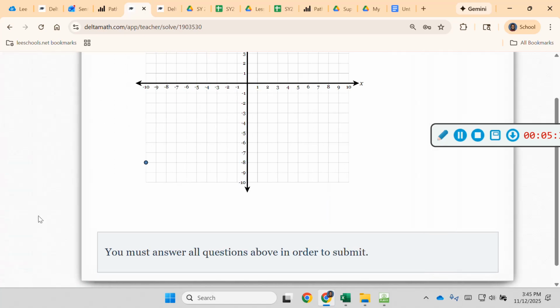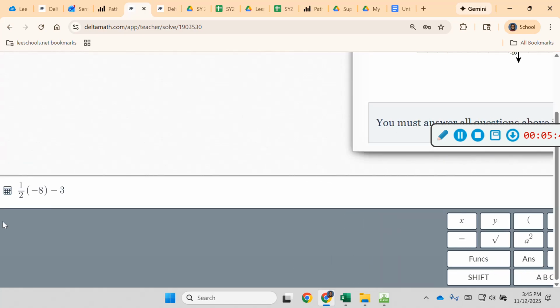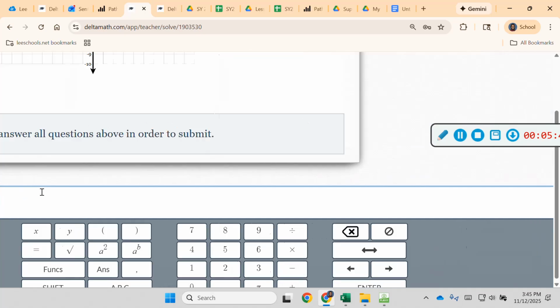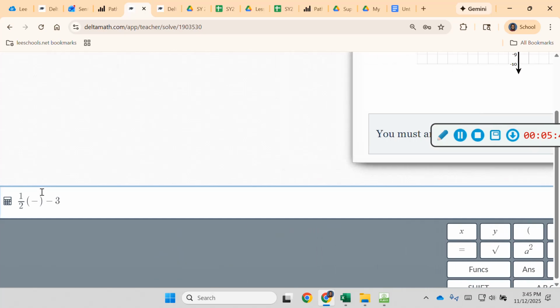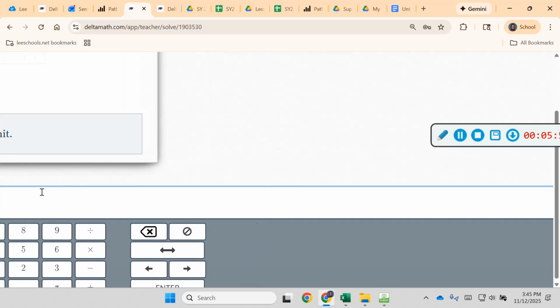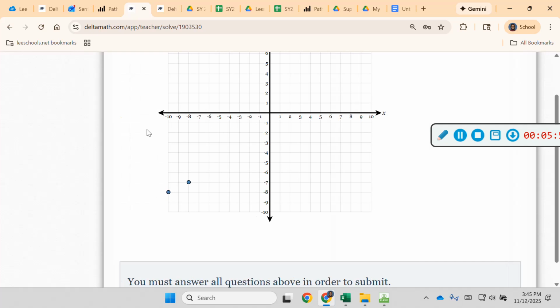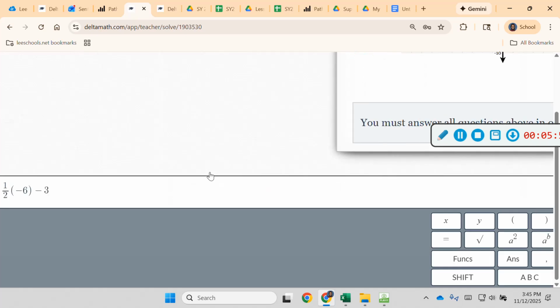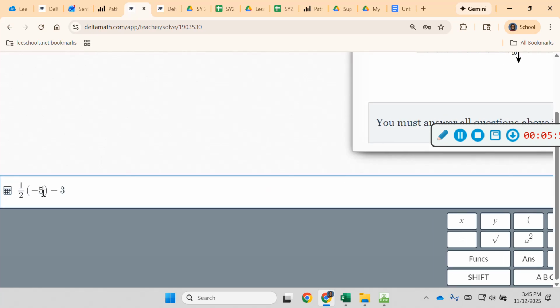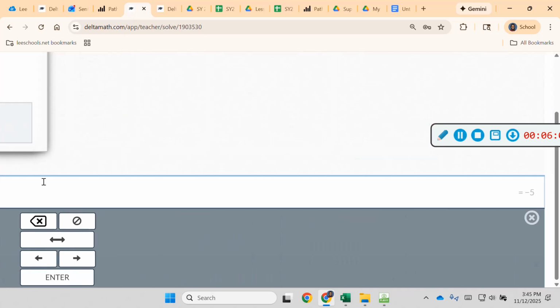I got negative 7, so negative 8, negative 7. Then I'll try negative 7. Got a decimal. So then negative 6. I got negative 6. Then I try negative 5. I will get a decimal. Then I try negative 4.